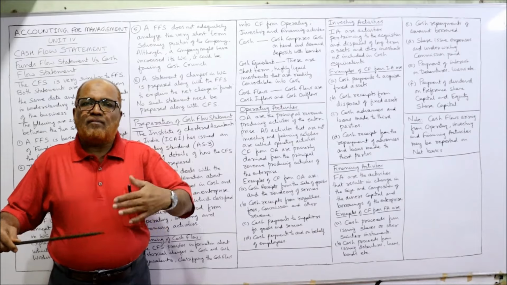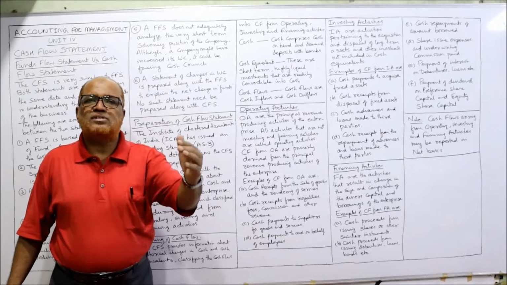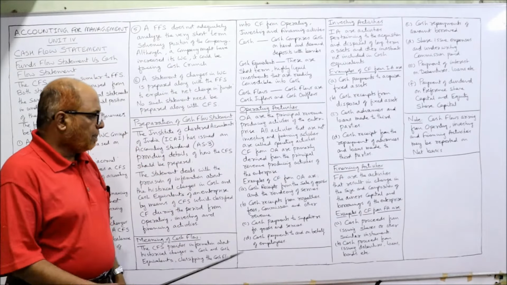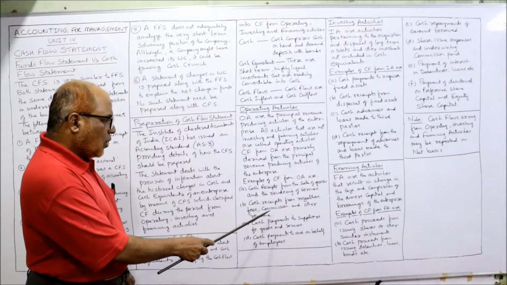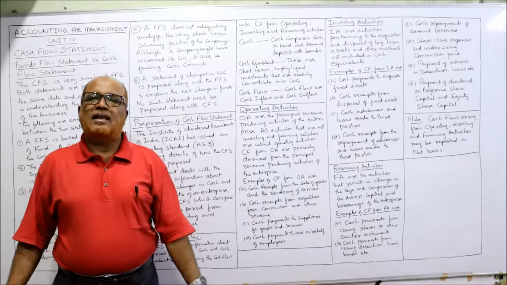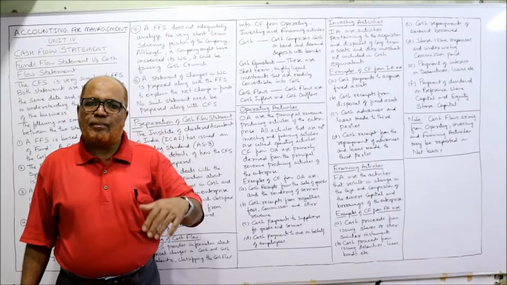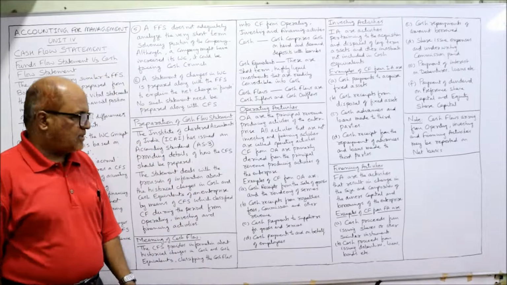So all the revenue generated in selling the goods or rendering of service is called revenue from operating activity. Secondly, cash receipt from royalties, fees, commission and other revenue. Apart from selling the goods, a business may receive royalty, fees, commission like this. These are also called operating activities.